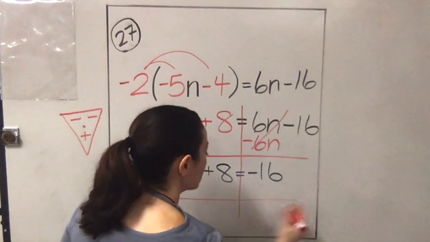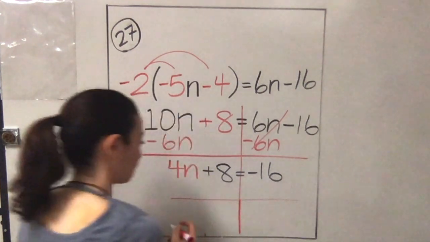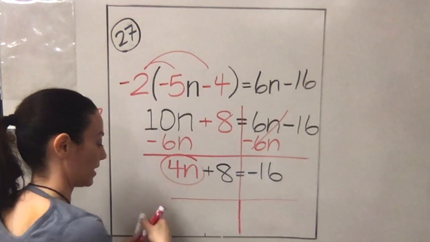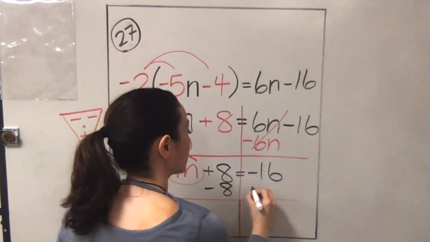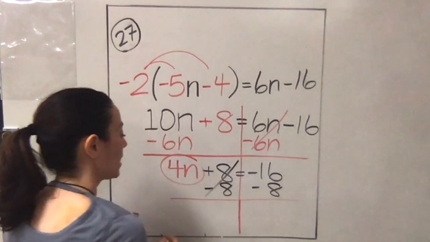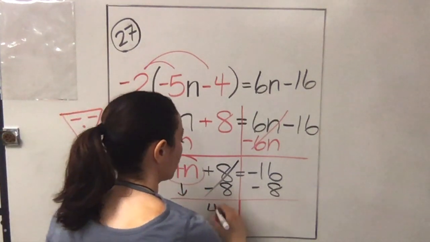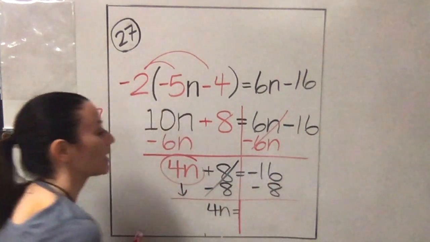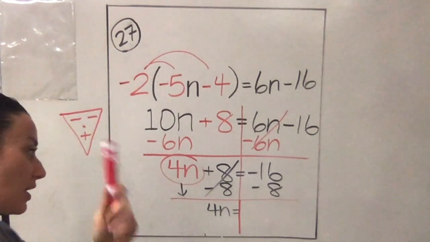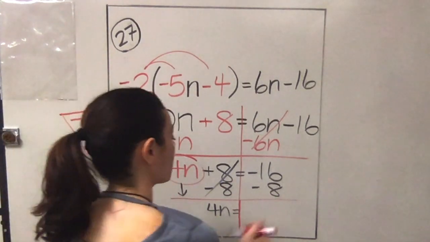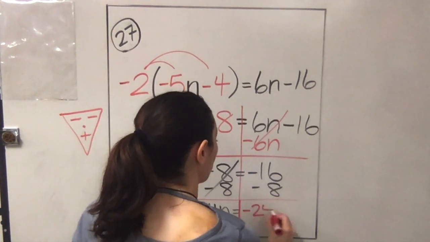Make a second t, please. Okay. You can circle 4n if you'd like. Now we're going to subtract 8 from both sides. And then 4n equals a negative 16 and a negative 8. Same signs, right? Same signs, add and keep. So we get a negative 24.